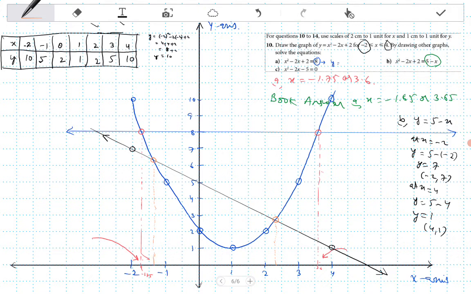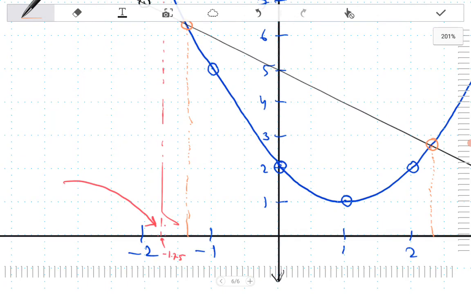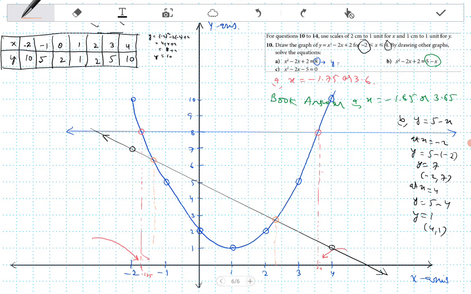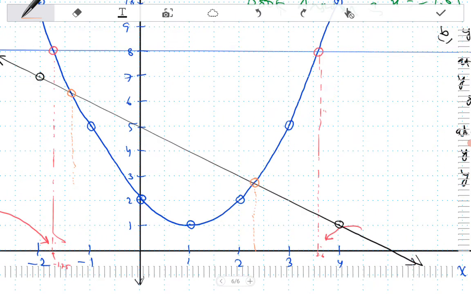If I read this, I think I should draw it with a proper straight line.